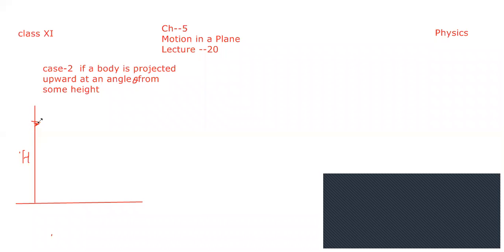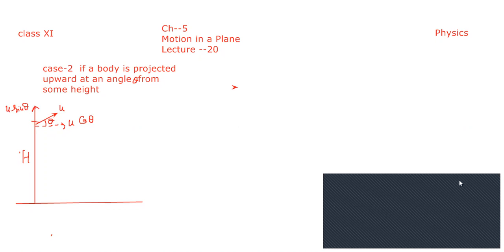This is the projection speed, and this is the angle theta. This is u. So this is u cos theta, and this component is u sin theta.